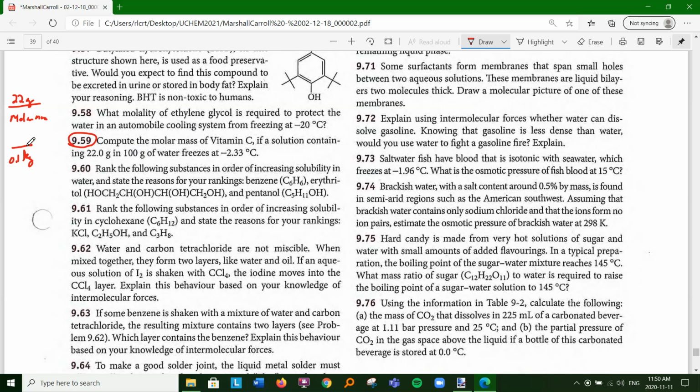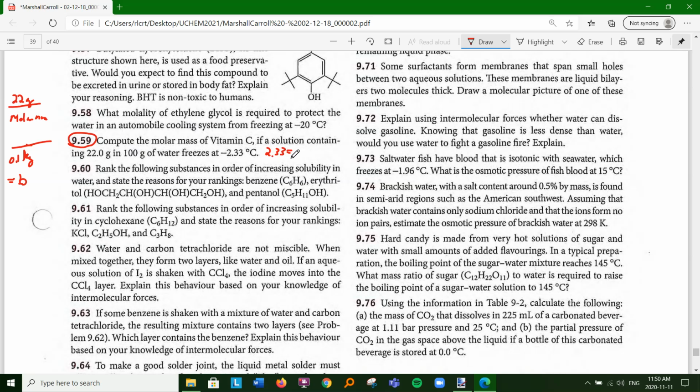All divided by 0.1 equals the molality of the solution. The freezing point depression is 2.33, right? So 2.33 is i times Kf times molality. Now i equals 1 because we're talking about an organic molecule.